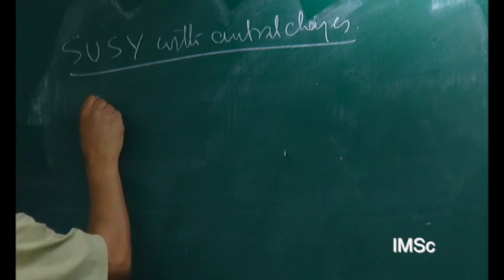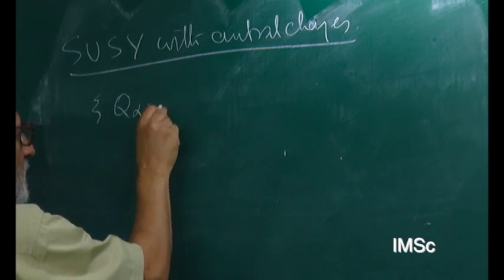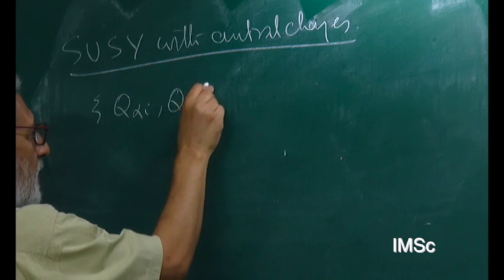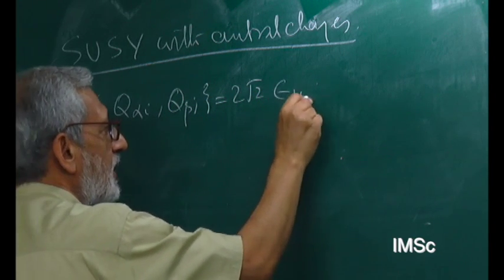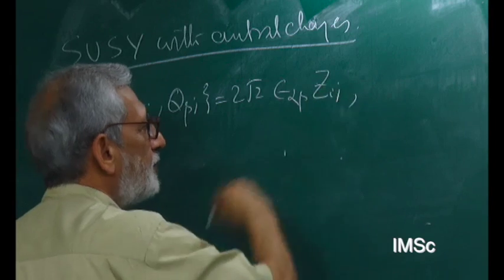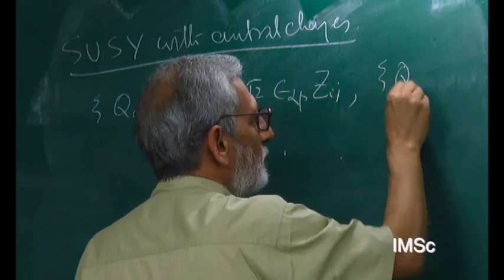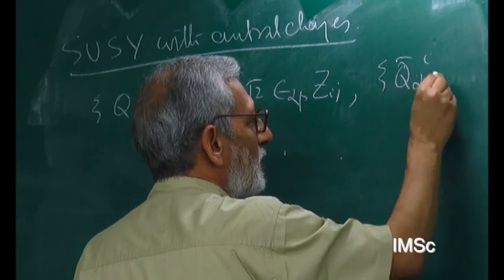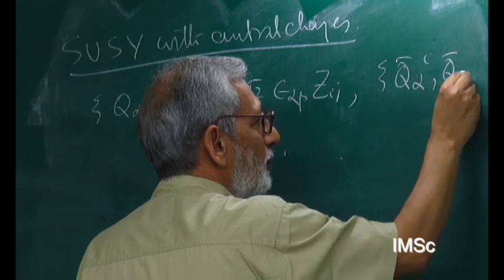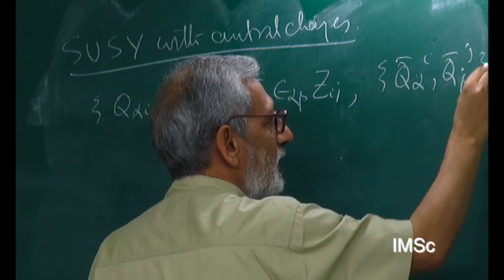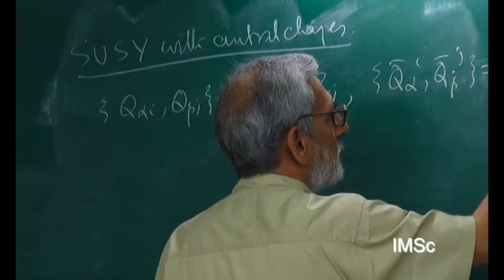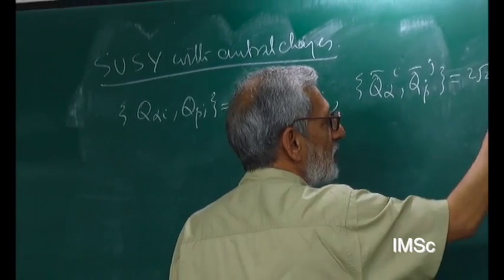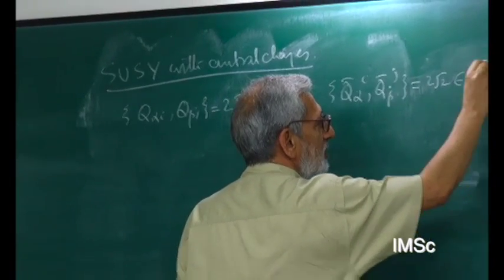So let me recall the algebra. Q alpha I, Q beta J, anticommutator is 2 root 2 epsilon alpha beta Z^{IJ}. And Q bar alpha dot I, Q bar beta dot J, anticommutator is 2 square root 2 epsilon alpha dot beta dot Z bar IJ.